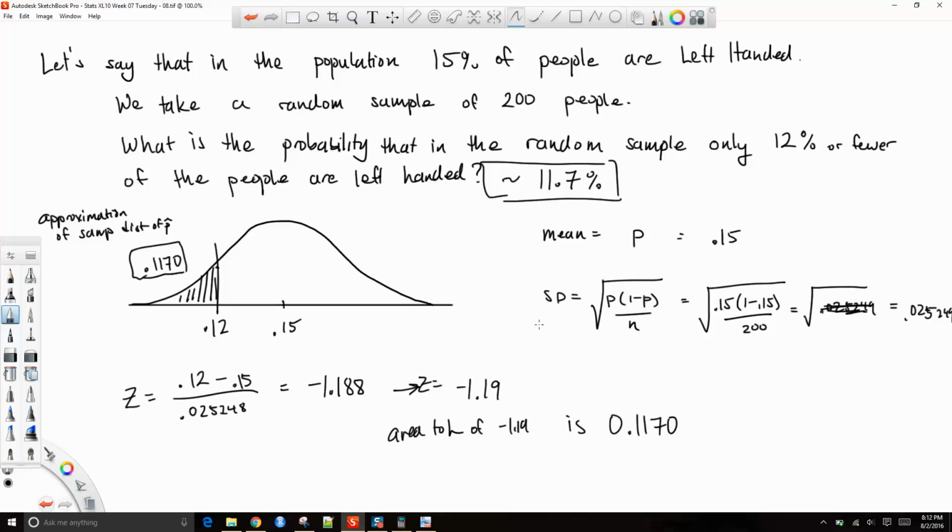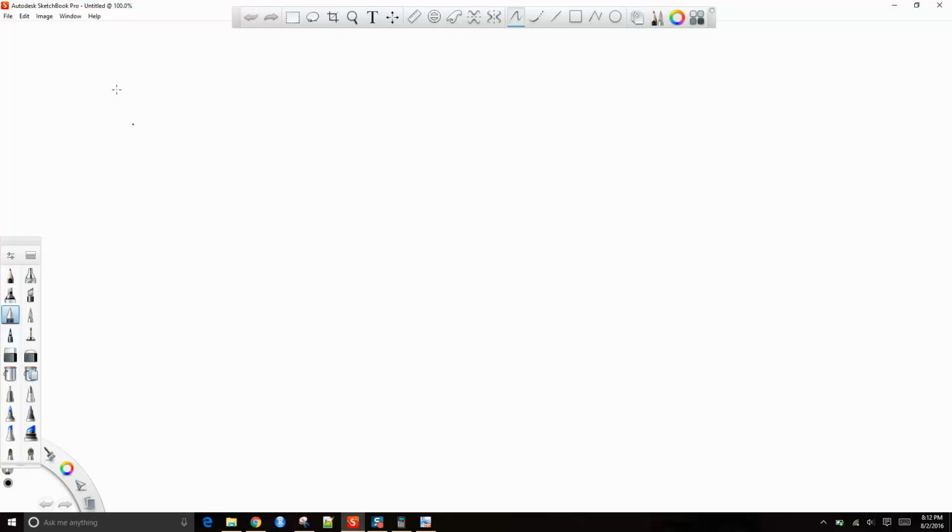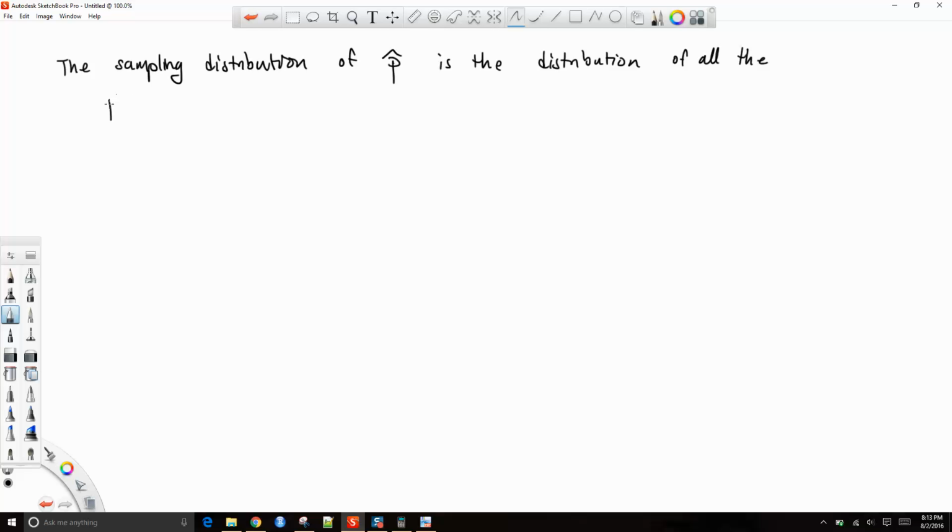Just to recap, the sampling distribution of p hat is the distribution of all the possible p hat values we can get when we take samples from the population.